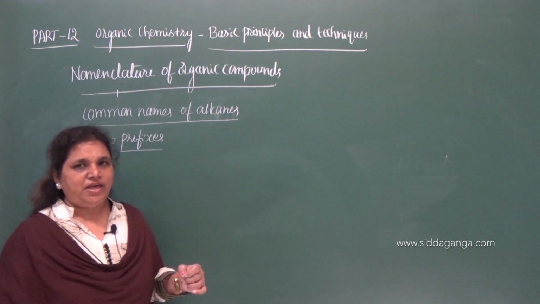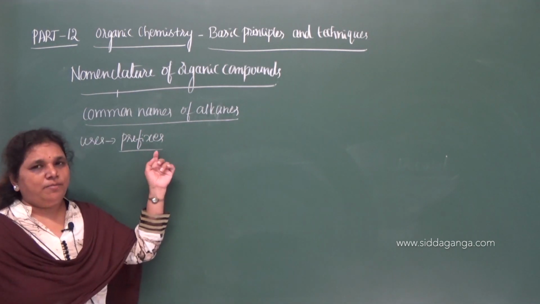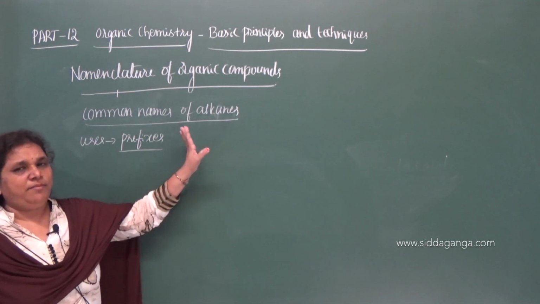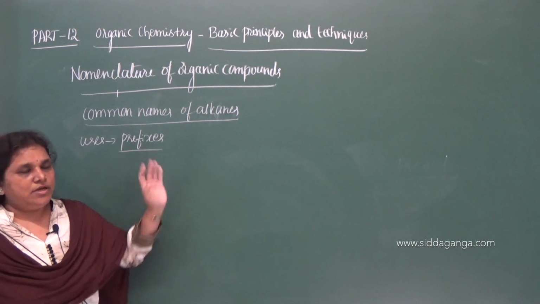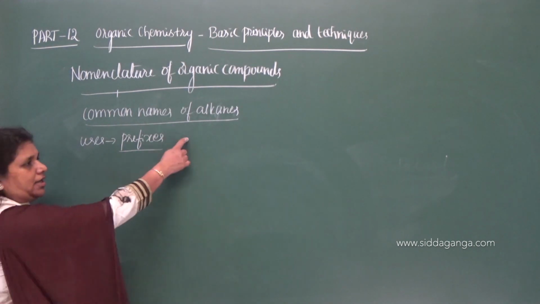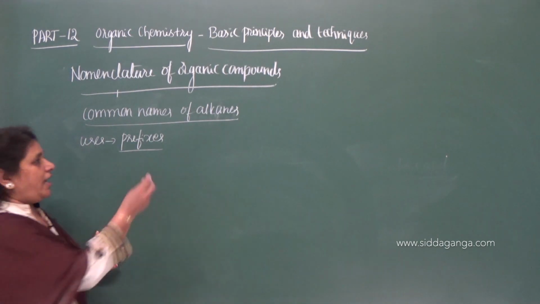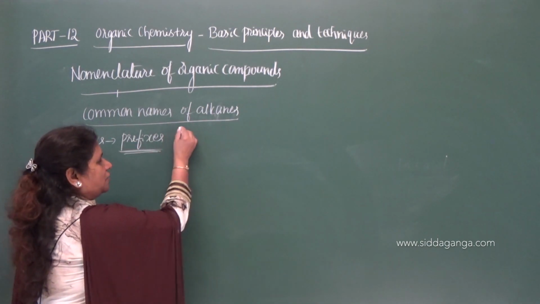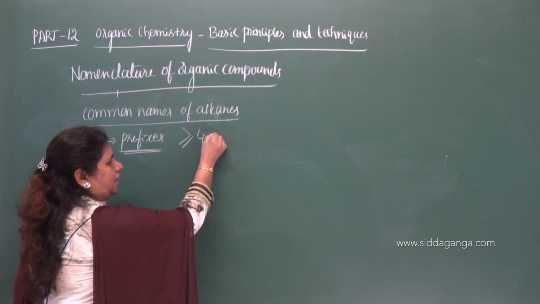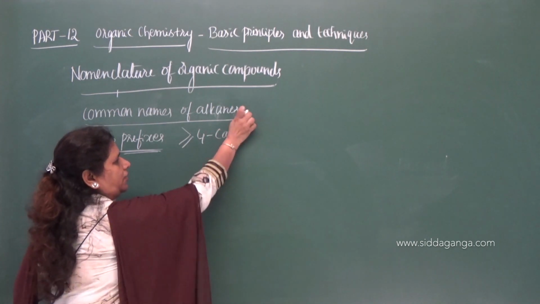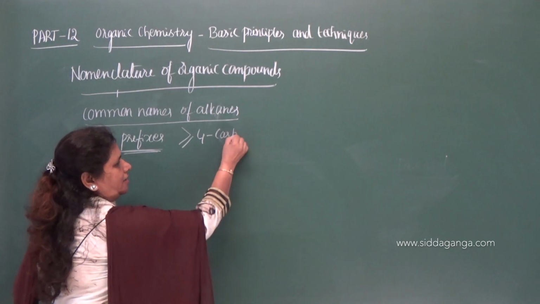Prefixes means the word placed before the name. So while naming alkanes according to the common name system, we use prefixes for those alkanes which contain 4 or more carbon atoms.